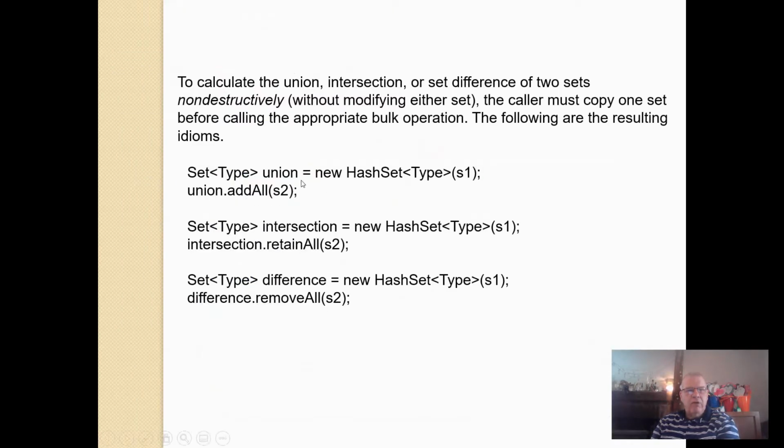What you need to do is create a new set from set S1, and then, for example, if you're doing the union, you want to say union.addAll with set 2, or likewise for intersection or difference.